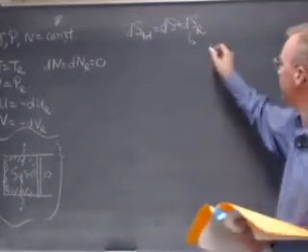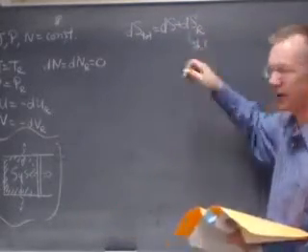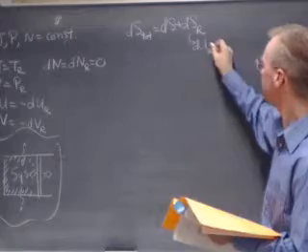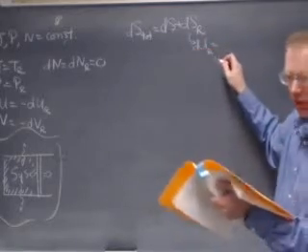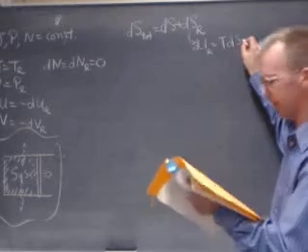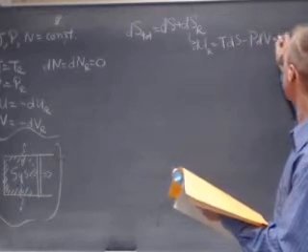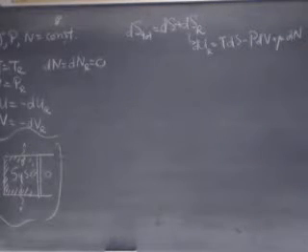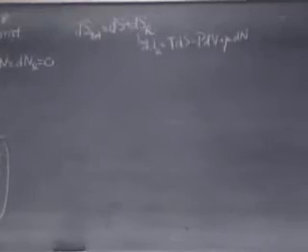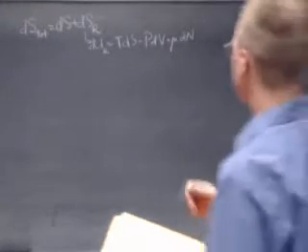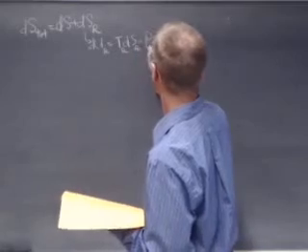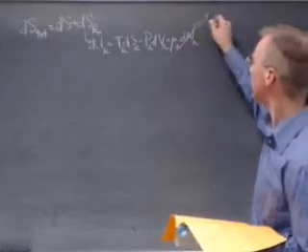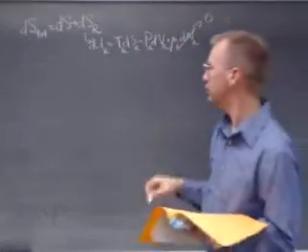For the reservoir, we use the first law, the thermodynamic identity: dU, and I'm subscripting all of these with an R, equals T dS minus P dV plus mu dN, all with subscript R. dN is 0, so I've got these two terms on the right plus the dU.